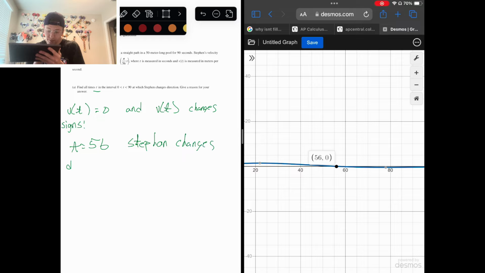Why? v of 56 is equal to 0, and v of t switches.